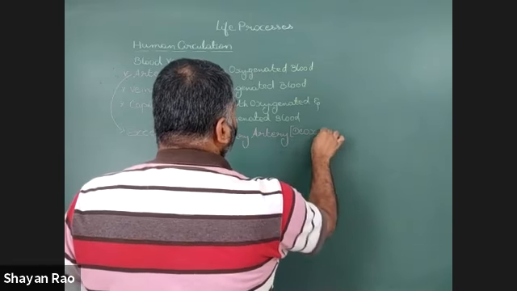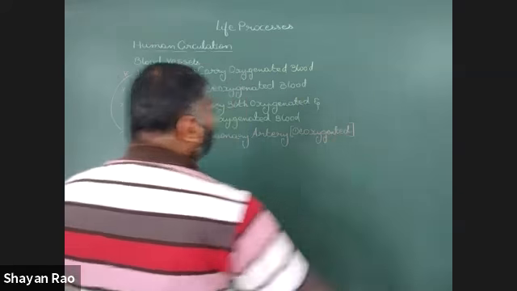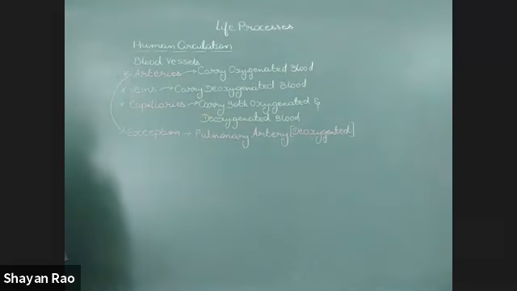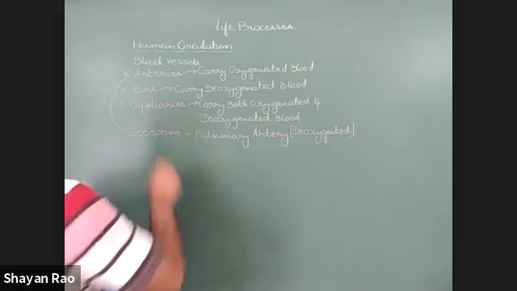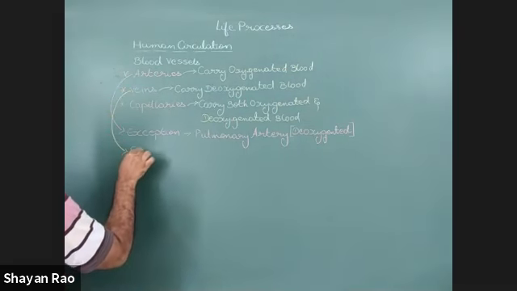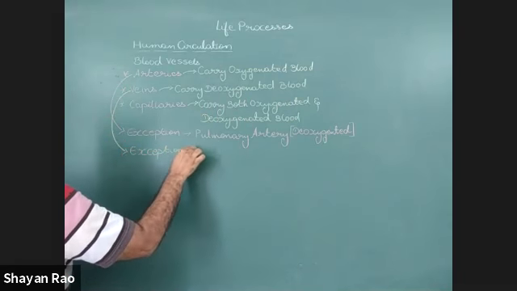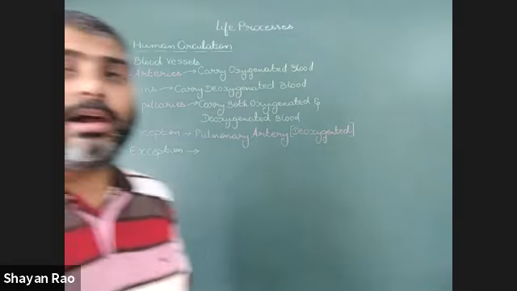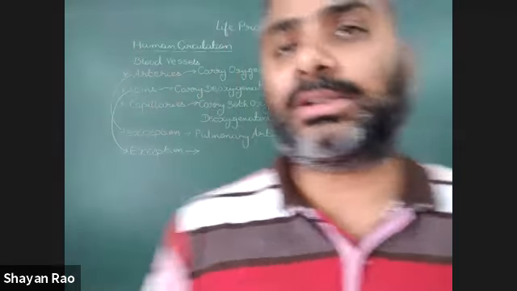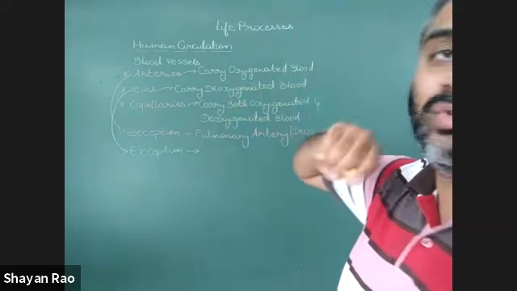Please make a note of this one. It is going to carry deoxygenated blood. Now, in the same way, even with respect to a vein, there is an exception. There is an exception where a vein carries oxygenated blood. All veins, we say, carry deoxygenated blood, but we have an exception for the vein which carries oxygenated blood.